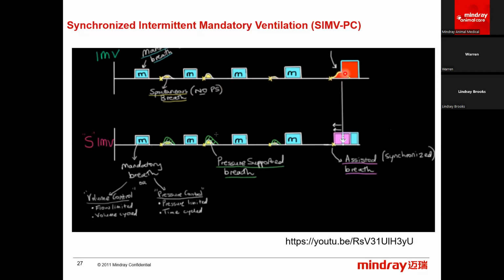And then if that patient takes its own breath when it's about to receive one, in our regular mandatory ventilation modes, the ventilator doesn't care. The ventilator is going to give that whole breath on top of what the patient is already trying to do.